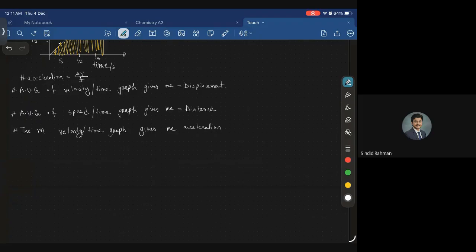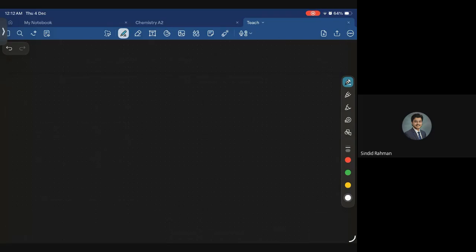Give me a moment. Okay, let's say I have given you this graph of time in hours and displacement in kilometers.